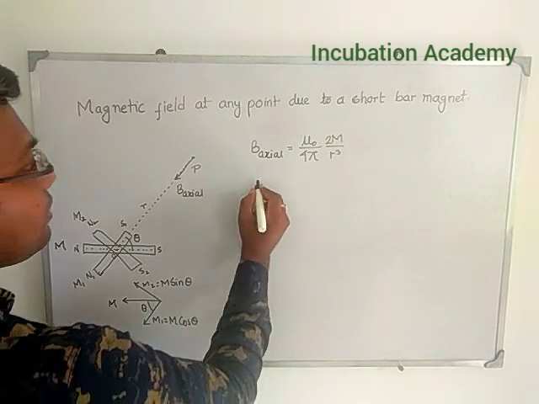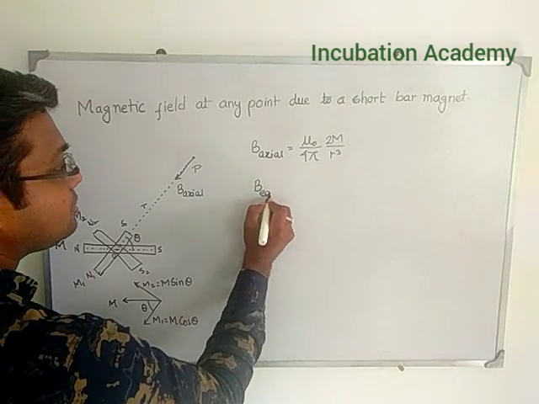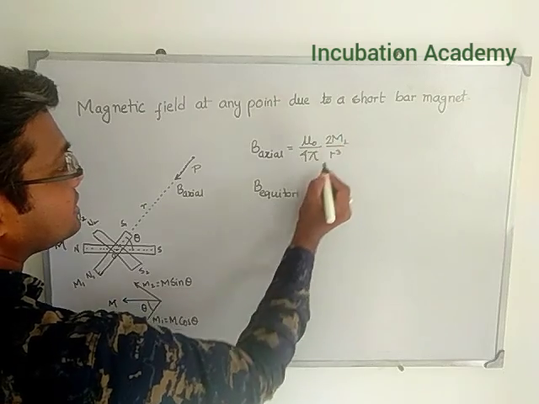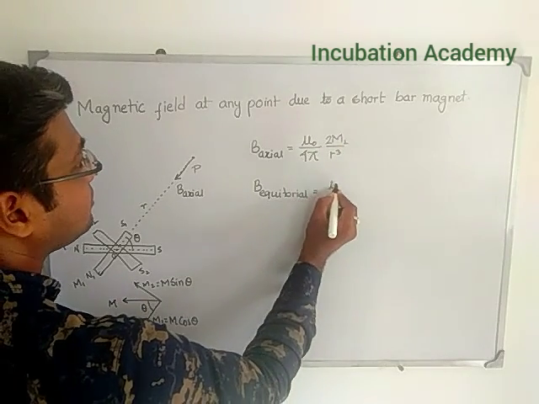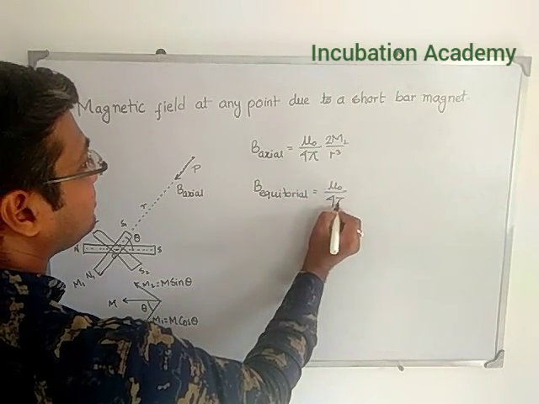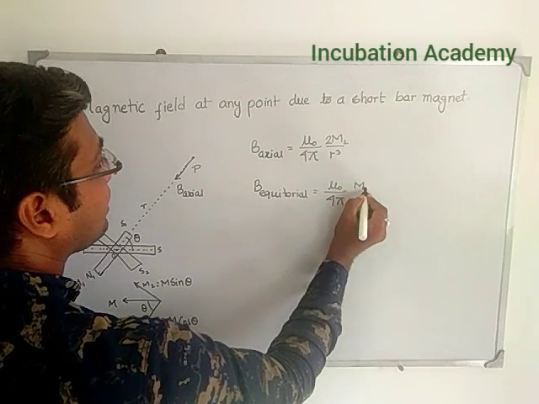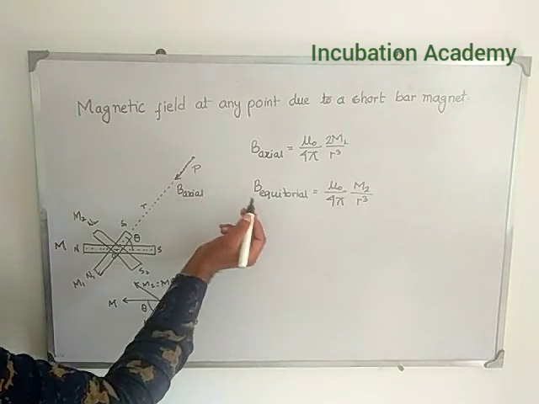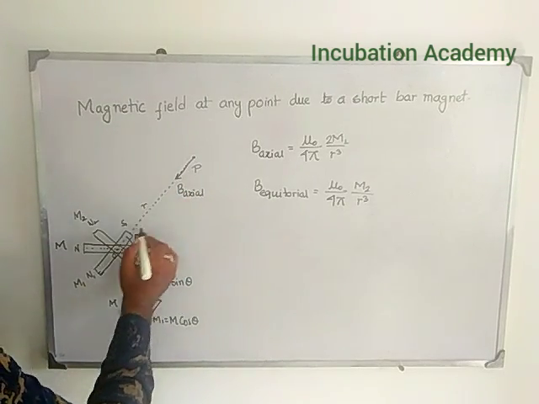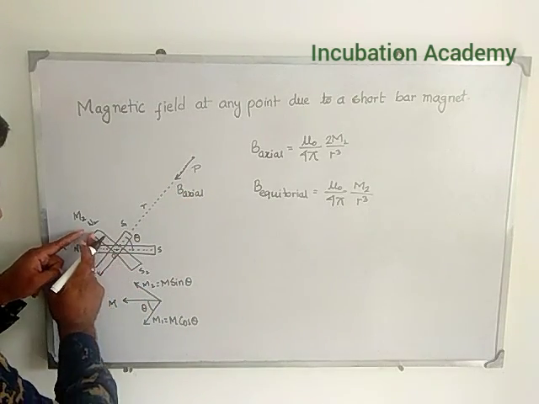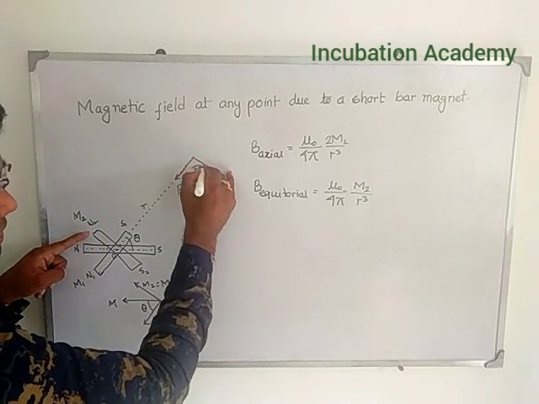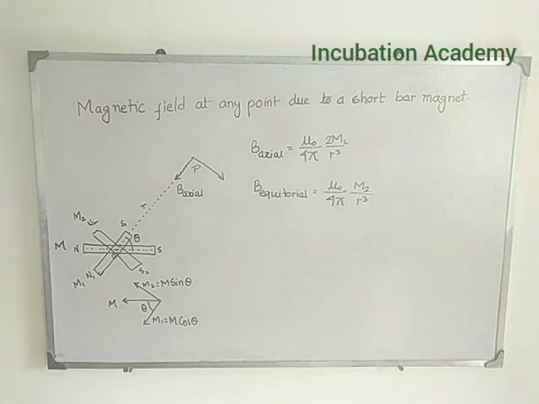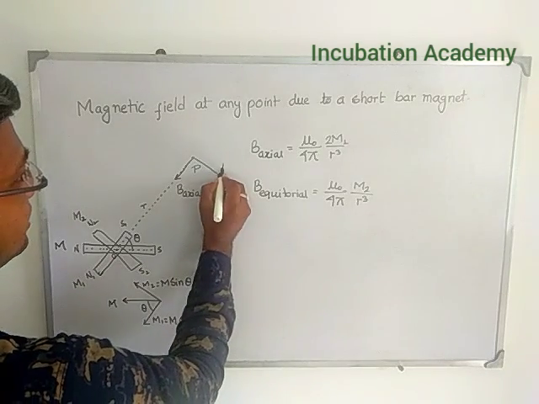So the magnetic field on the equatorial position of the magnet m2 is mu naught divided by 4 pi m2 divided by r cube, in the direction opposite to that of m2. m2 is from south to north, so the magnetic field will be along this direction. We can say it is B equatorial.